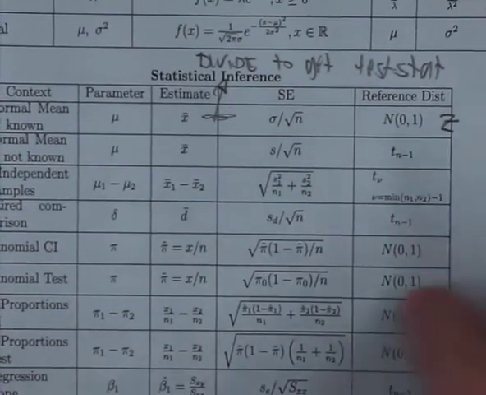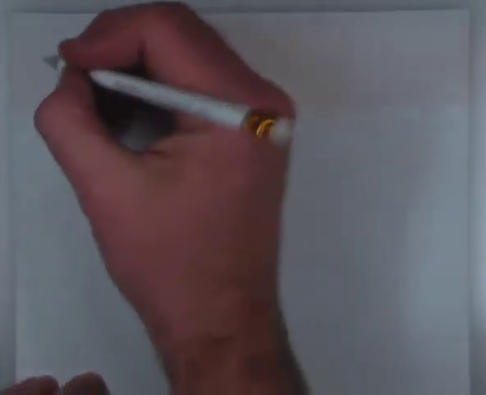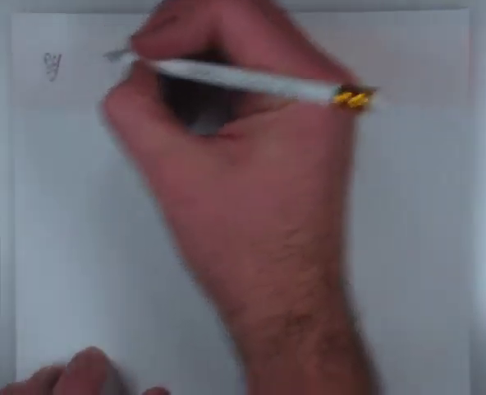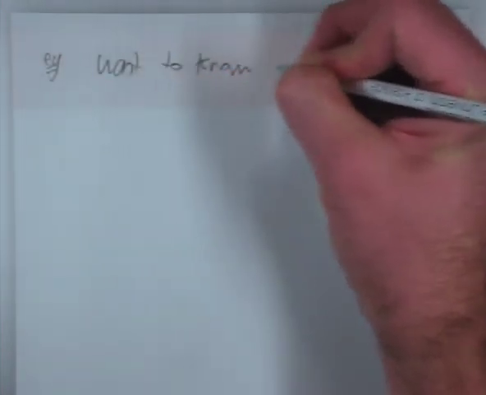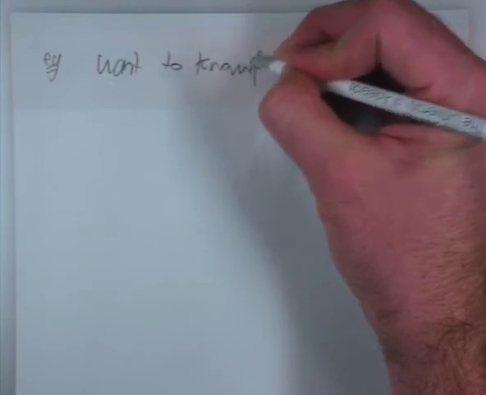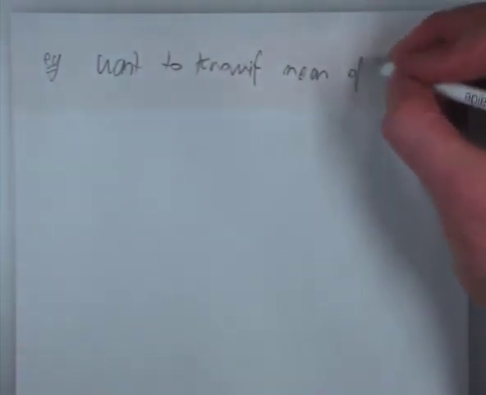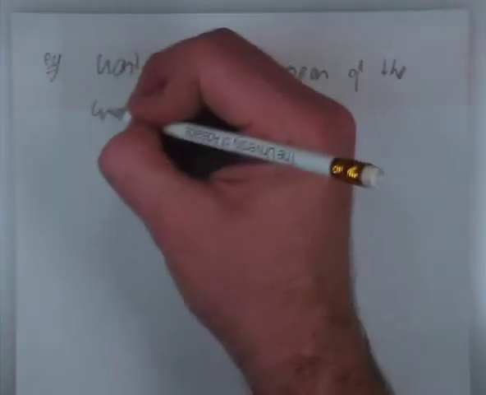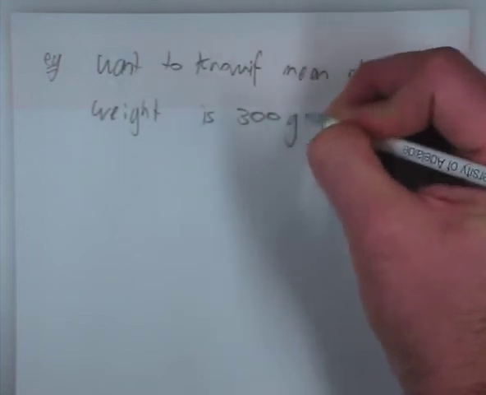So as a proper example, we might want to know if the mean weight of some object is 300 grams, right?